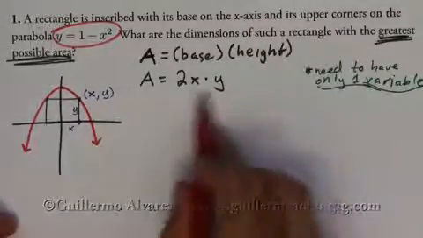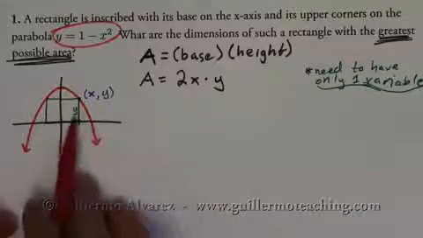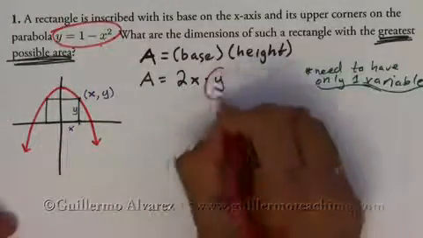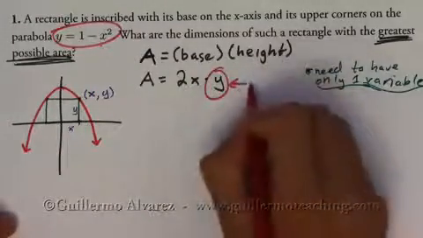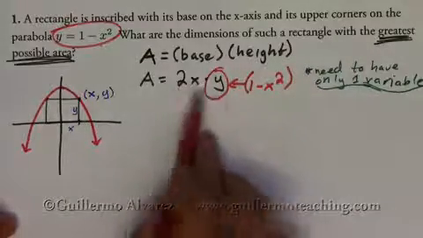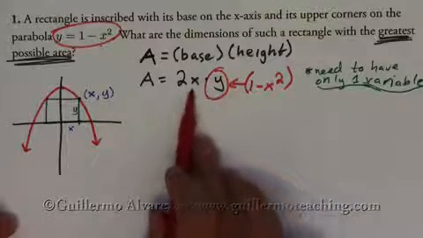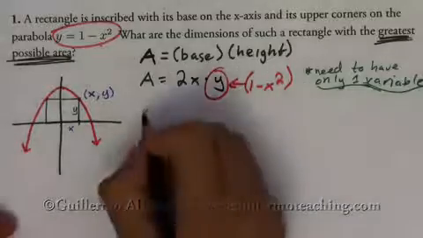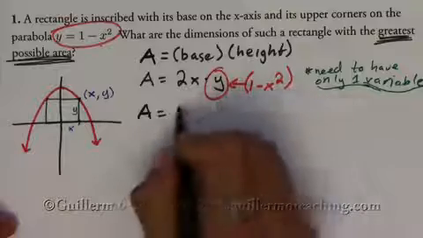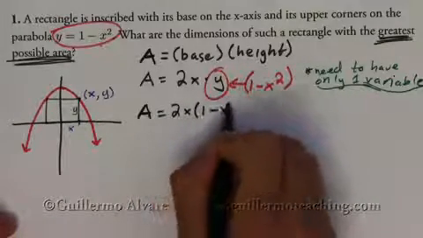So, how do I do this? Well, you have to go back and take a look at your constraints. You're constrained by this parabola here, which has this equation. So wouldn't I just be able to plug in 1 minus x squared for y? That way, I'd have a function of just one variable. That's exactly right. So the area would equal 2x times y, which is 1 minus x squared.